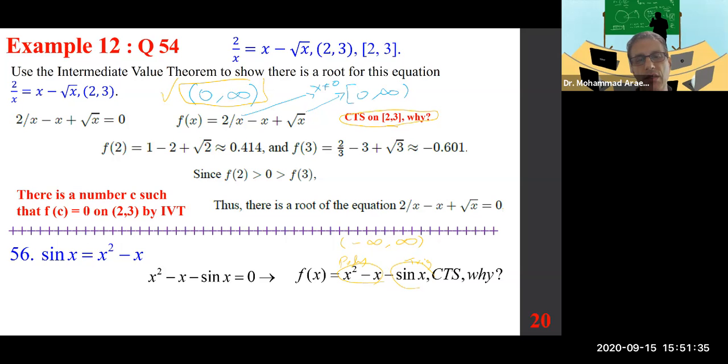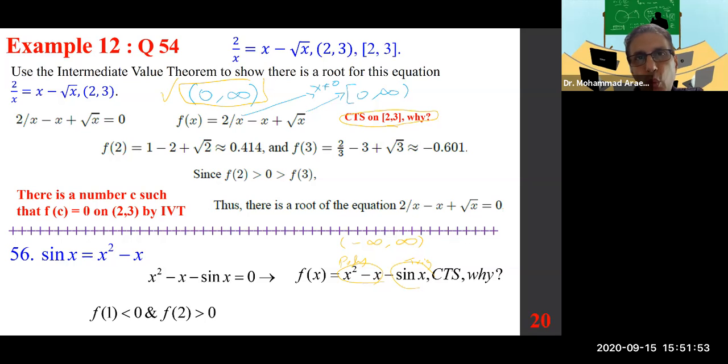So with that being the case, let's plug in 1 and 2 and observe. Again, this is by observation, class. This is by inspection. So when we do that, f of 1 is less than 0 and f of 2 is larger than 0.